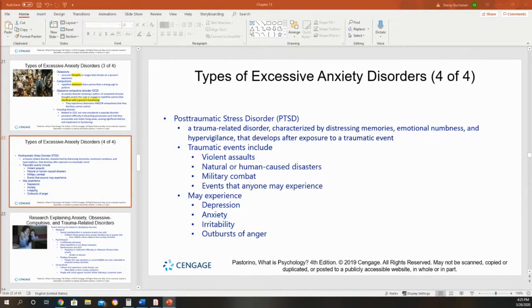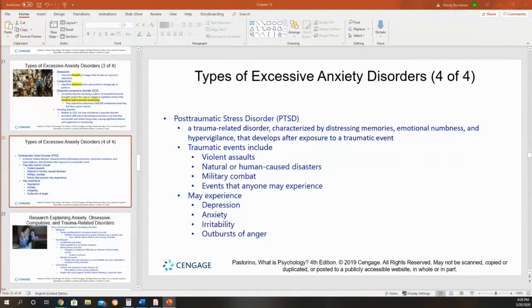Post-traumatic stress disorder is a trauma-related disorder. So it's usually characterized or marked by distressing memories, some memories that they constantly are coming back to, feeling emotionally numb, hypervigilant, and that develops after the exposure to a specific event.